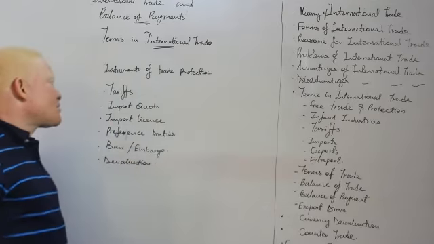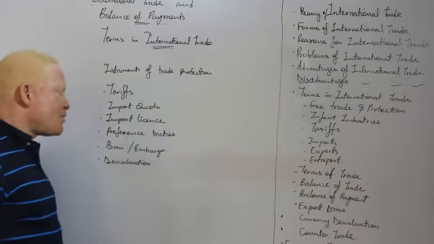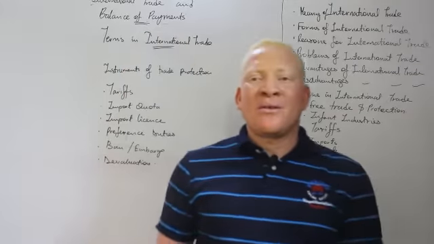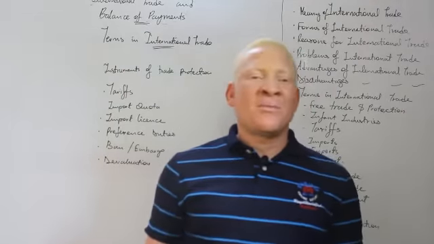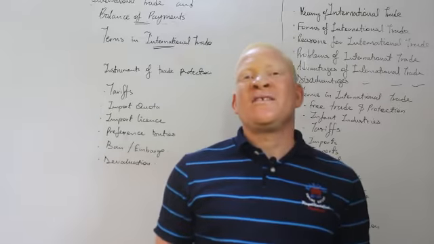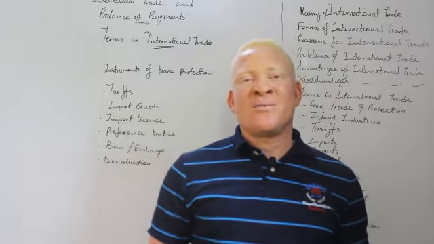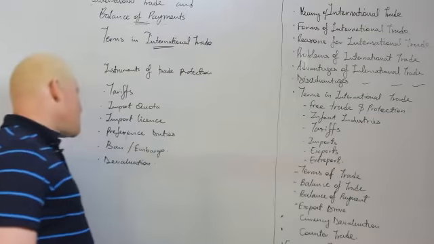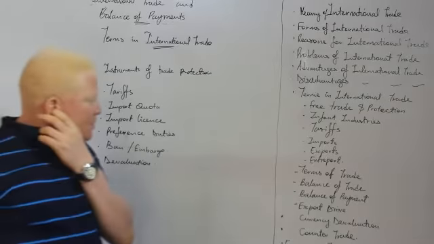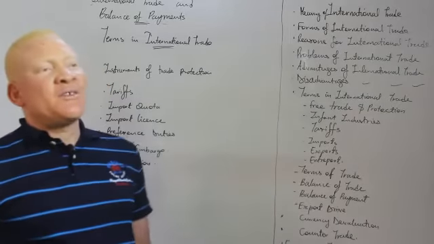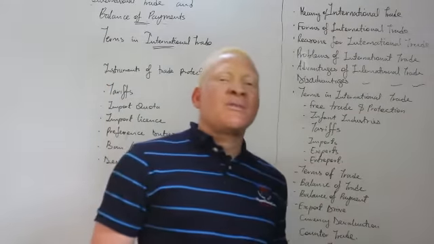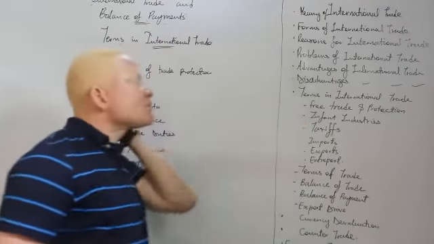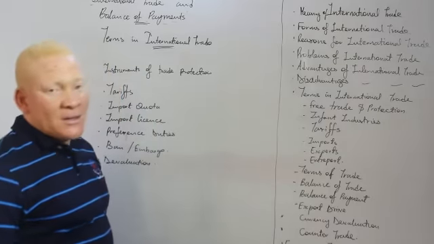Then we talk about the next one, which is the ban or embargo. That is a total ban or the refusal of the importation of a particular thing. That means any such item imported will be labeled as contraband goods. Then currency devaluation is the reduction in the exchange rate of a home currency to a foreign currency.